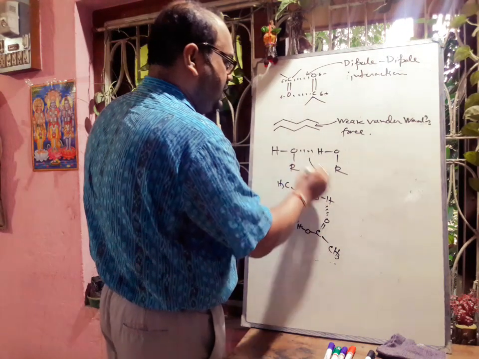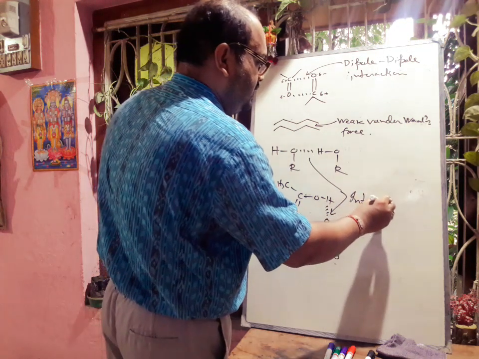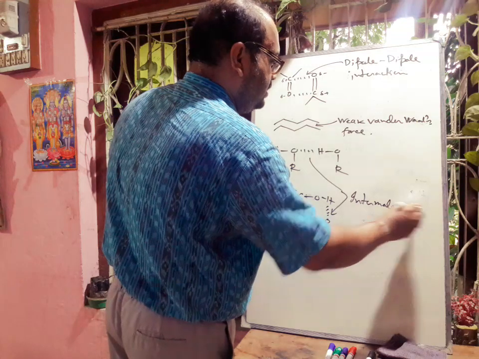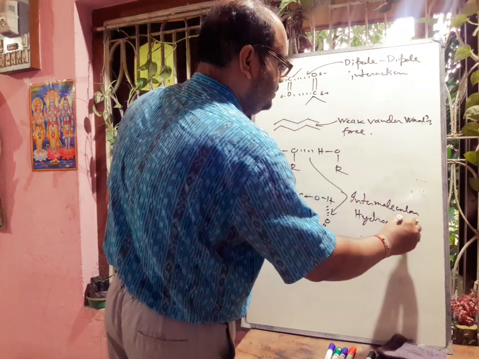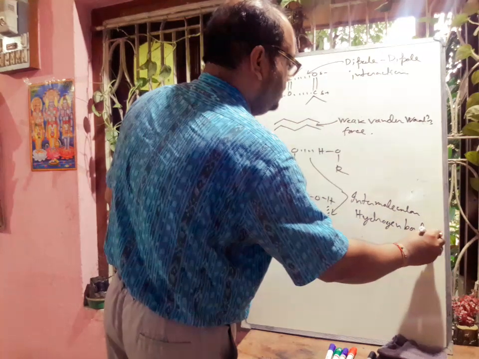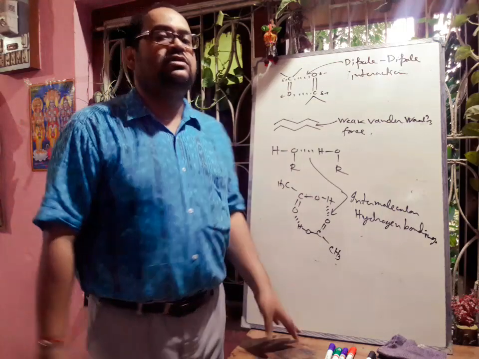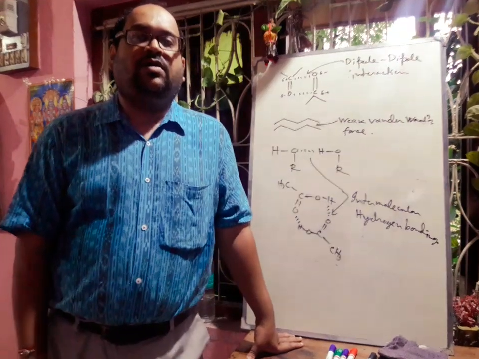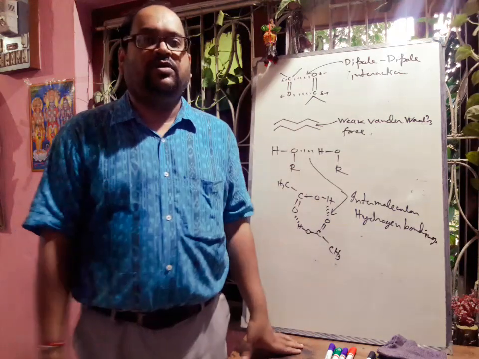So these are the intermolecular hydrogen bonding. So the boiling point in this case will be higher compared to the aldehydes and ketones. In aldehydes and ketones there is no such hydrogen bonding.